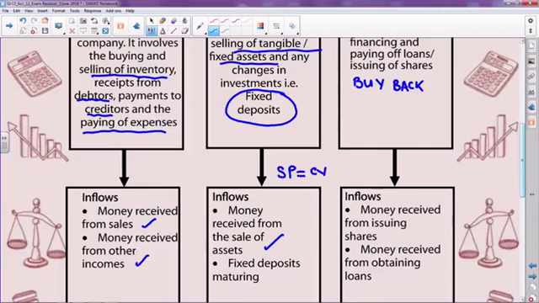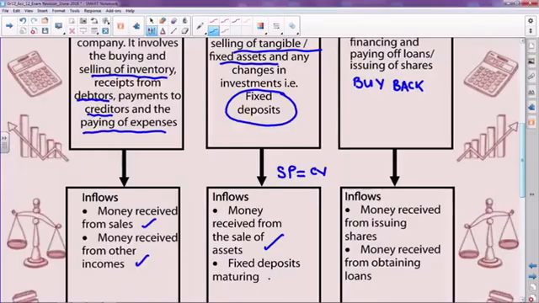In other words, no profit or loss on sale of asset. And that's what we want. We want the selling price of the asset in order to show that as an inflow of funds. And then also we have our fixed deposits that are maturing.